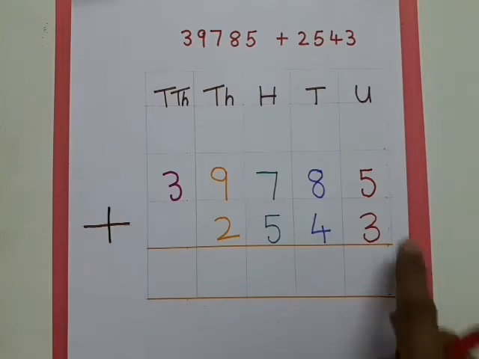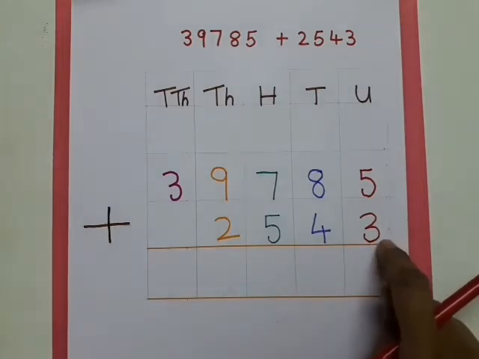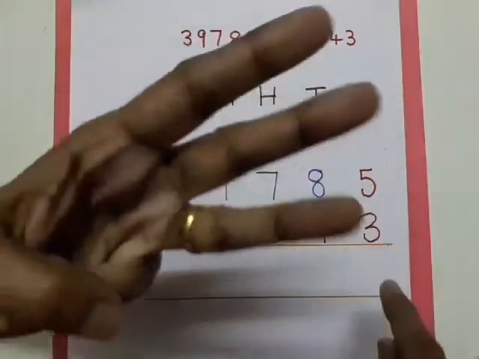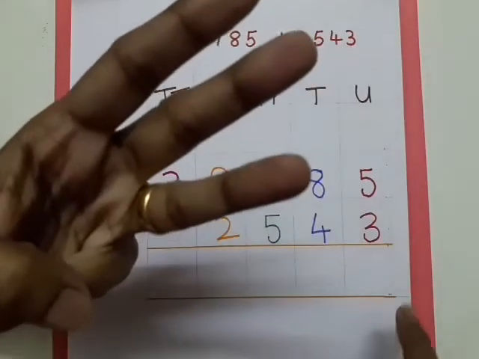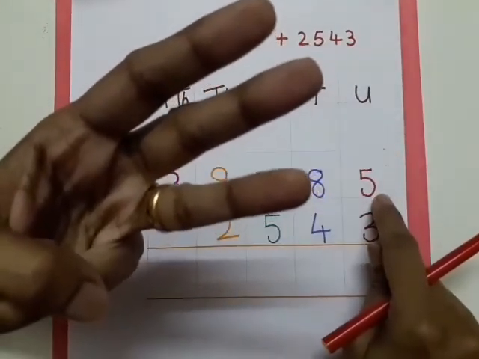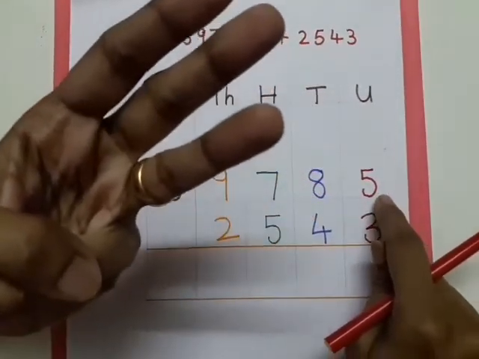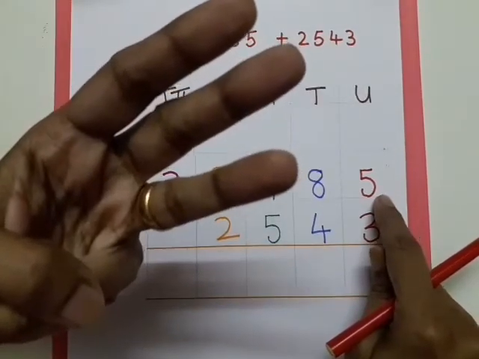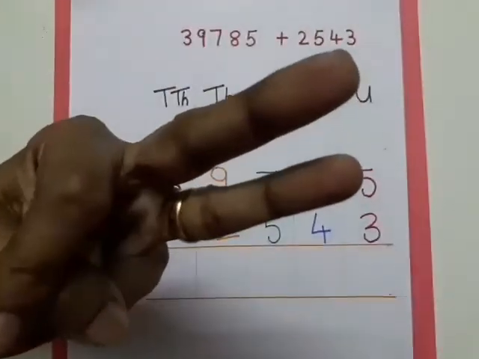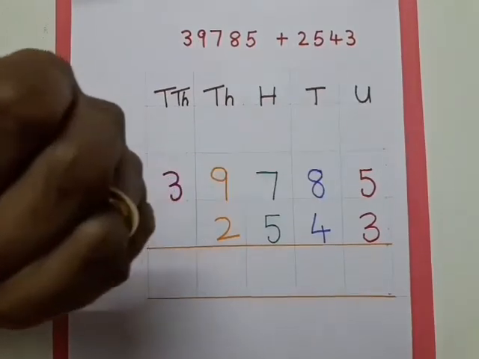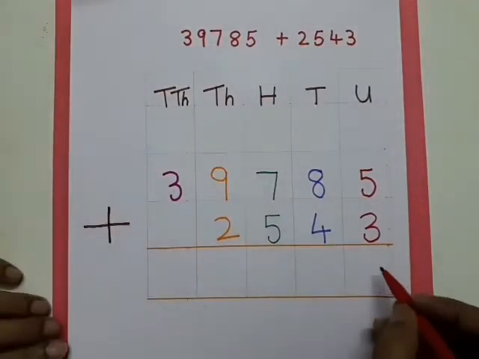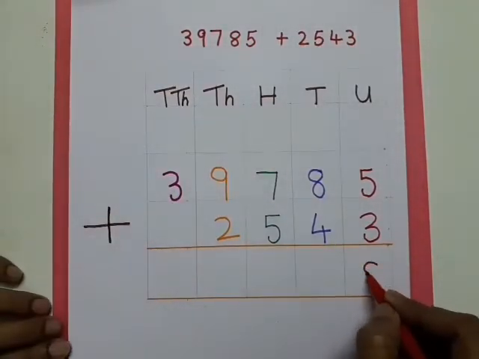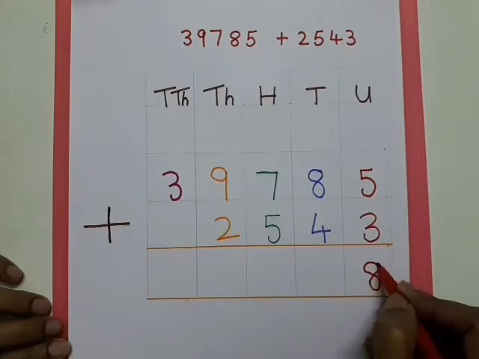So our first number is 5 in our mind and 3. Now as you can see here, we begin counting our numbers after 5. So after 5 comes 6. So 6, 7, 8. So I write the number in the units place as number 8.